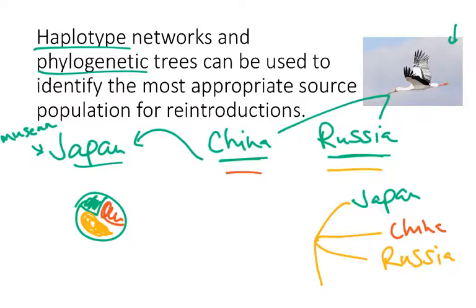If we found that one haplotype was found across all of these sites and that a maximum likelihood phylogenetic tree showed no distinction across the three regions, we could then conclude that it would be appropriate to move birds from either China or Russia back into the historic range of Japan, because both individuals from both of those regions seem to match the genotypes that historically were in those ranges. So that's how we can use haplotype networks and phylogenetic trees to help us inform conservation management.